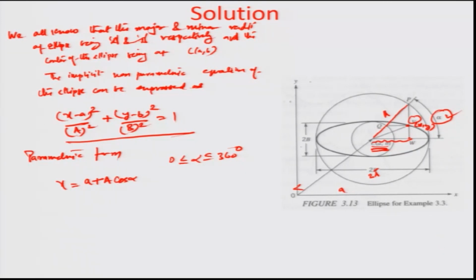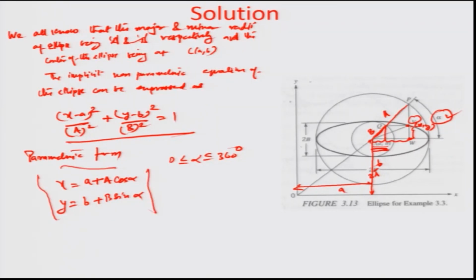In a similar manner, the y coordinate can be represented through how much translation has happened while going to the point C from the origin in the y direction, that translation being b, and this component, which is again a component of the inscribed circle with radius equal to the minor radius of the ellipse, B. So, you can write y geometrically as small b plus capital B sine of alpha.